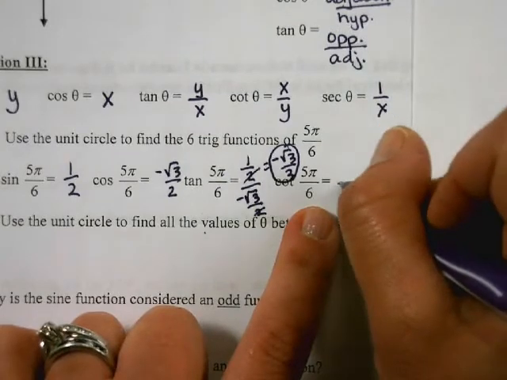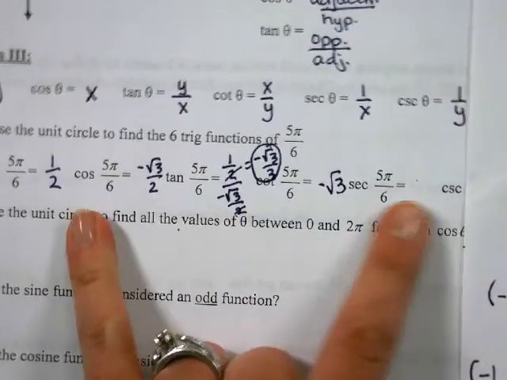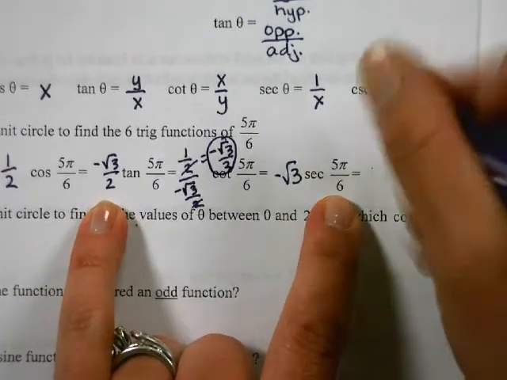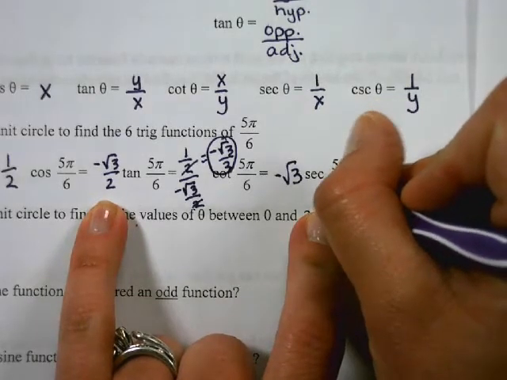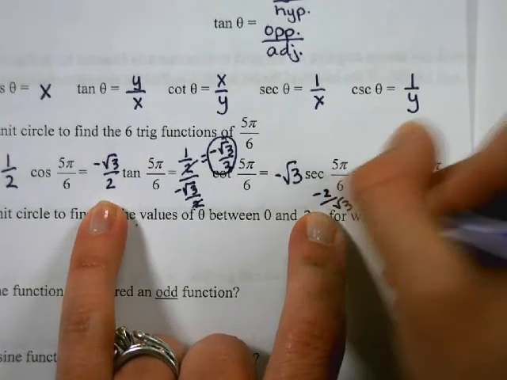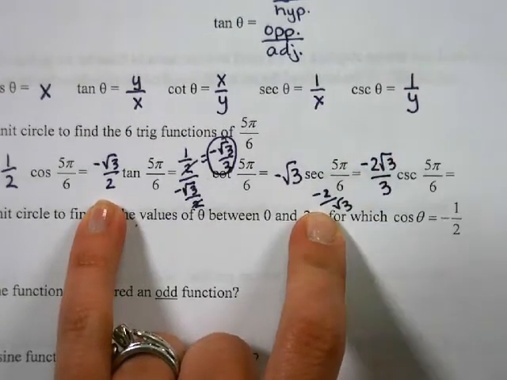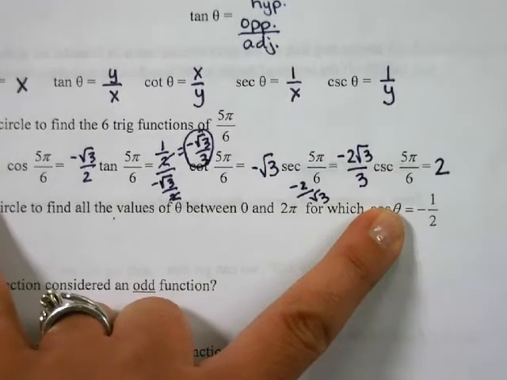So this guy would be negative root 3 if I flip him over. Secant: flip over cosine. So if I flip over, I've got negative 2 over root 3, so negative 2 root 3 over 3. Cosecant, flip over sine, so he's positive 2.